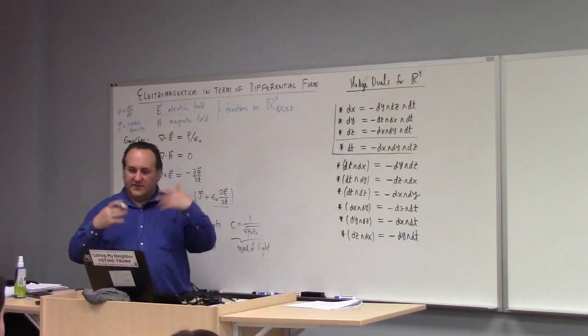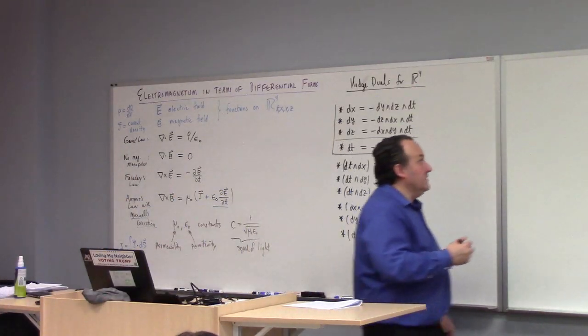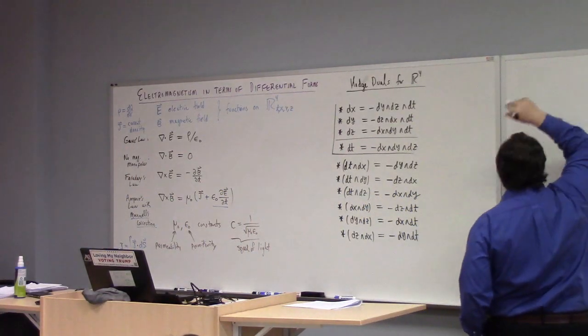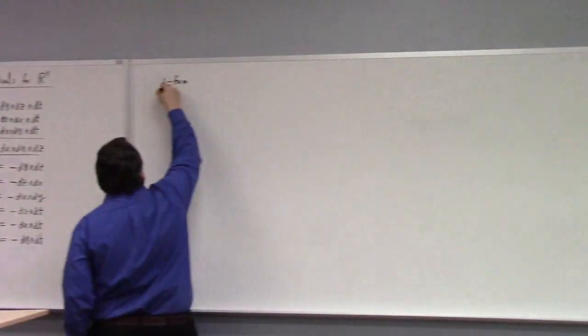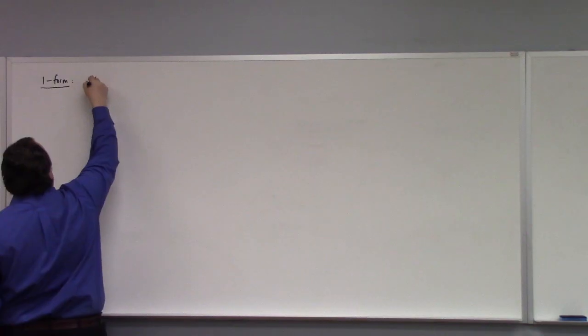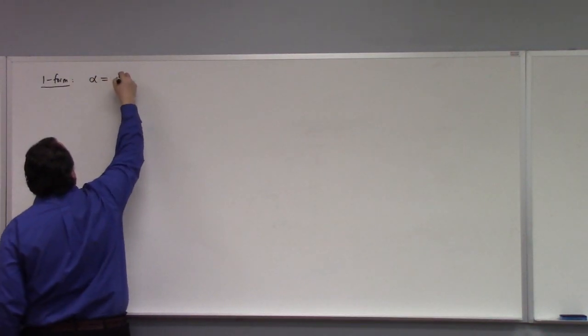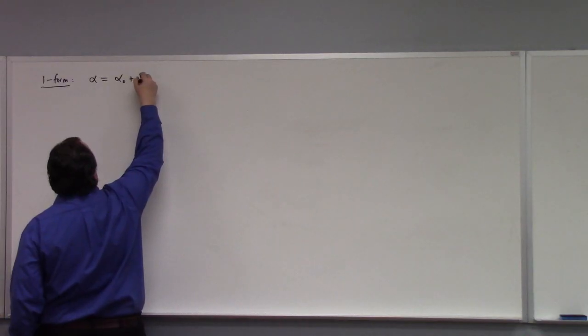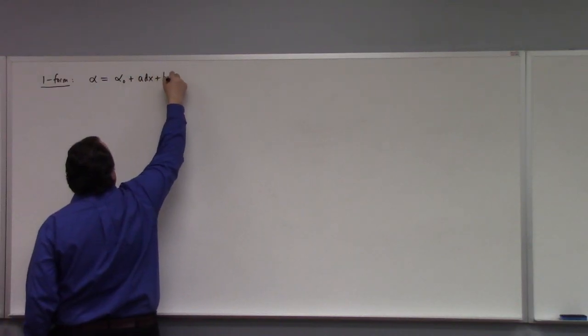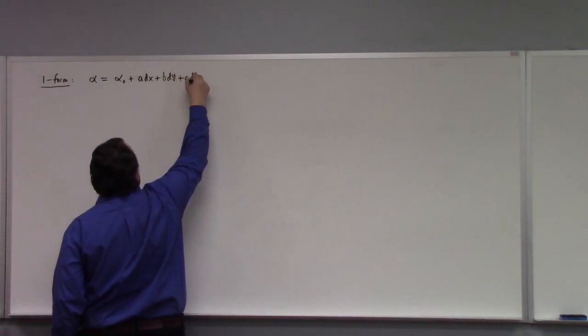Okay. Anyway, all of this to say, if we take a typical one form, it looks something like alpha equals alpha naught plus, for lack of imagination, a dx plus b dy plus c dz, right?